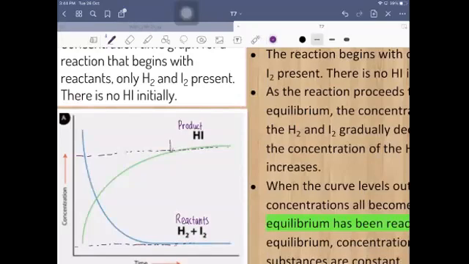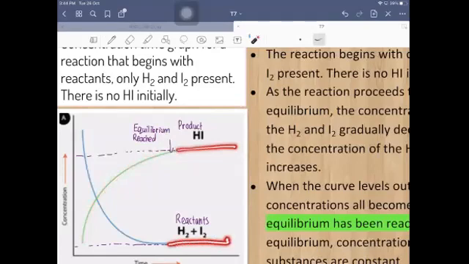That means equilibrium has been reached. When the products are decreasing and the reactants are increasing, this is just happening in a normal reaction, okay? But the equilibrium is reached when the concentration of the products and the concentration of the reactants are constant.